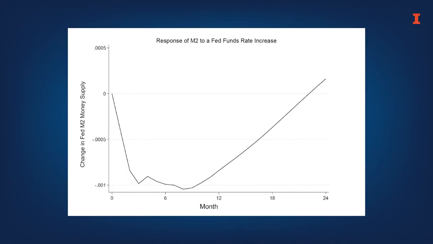The Federal Reserve implements federal funds rate increases with open market operations. Remember that an open market operation involves the Fed selling securities and receiving cash in form of bank reserves in return. Reserves are part of the money supply, here measured with M2. So, increasing the federal funds rate causes the money supply to shrink. It takes about 2 years for this effect to subside.